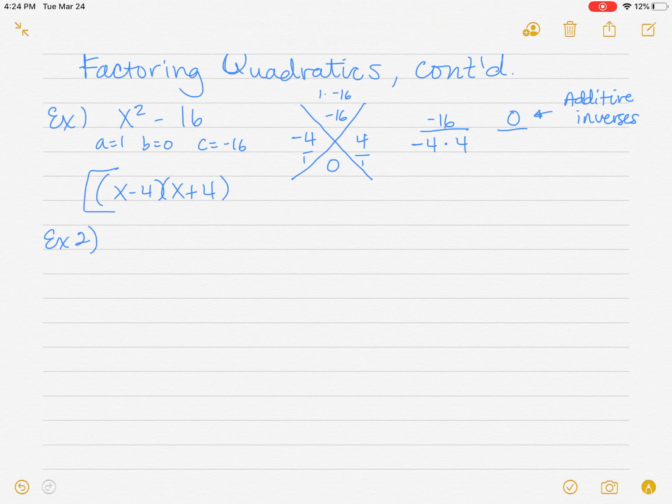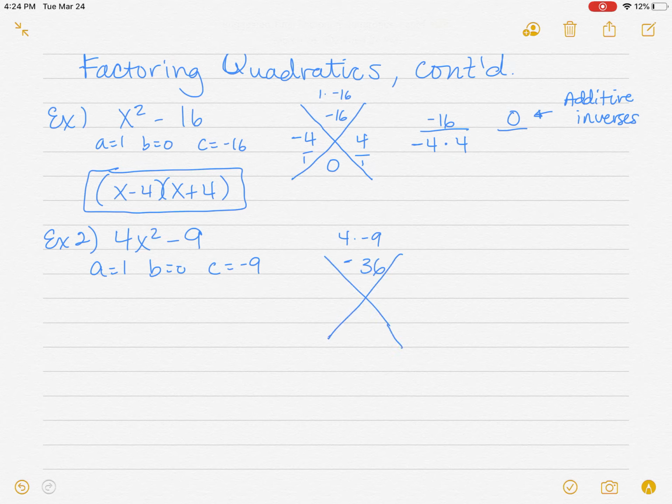Let's see what happens. Those are kind of interesting in the form that they are. Let's look at one that has a different number for my a value. So I've got a equals 4, b equals 0, c equals negative 9. Same thing, 4 times negative 9 is negative 36.